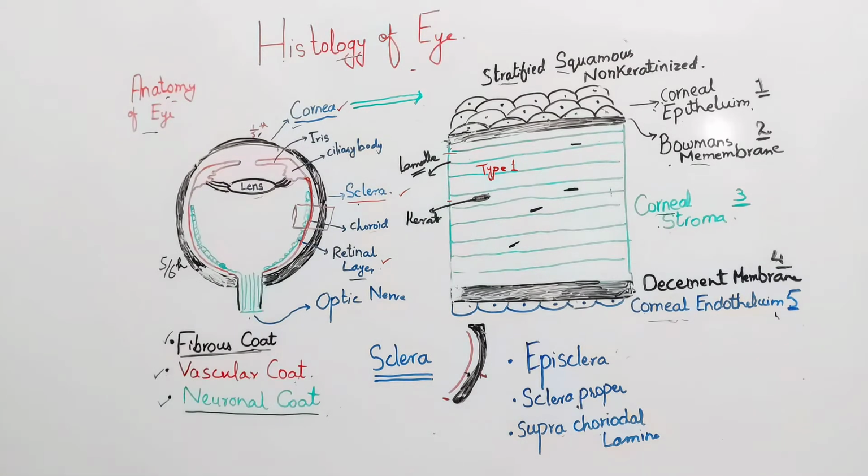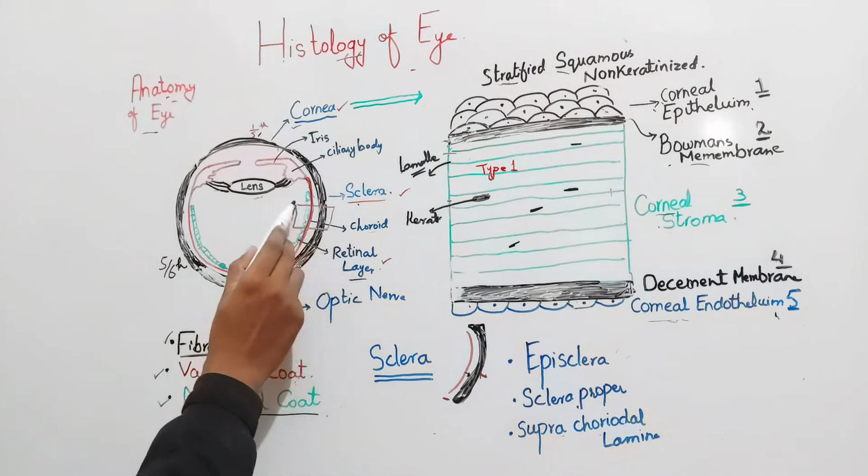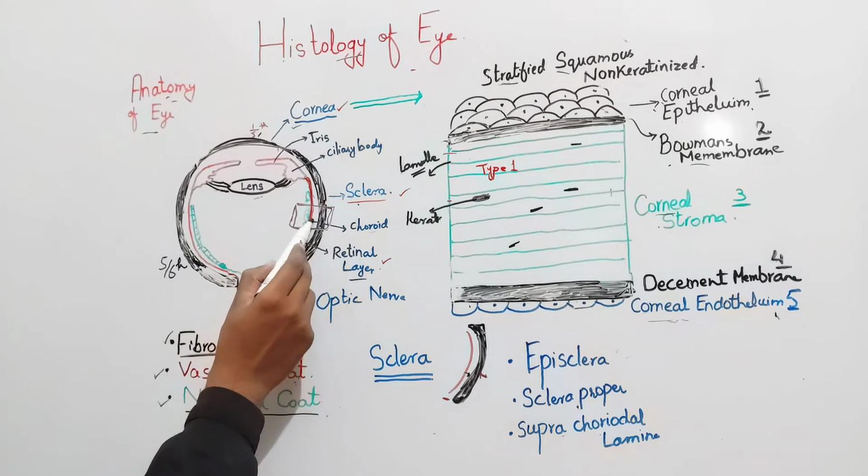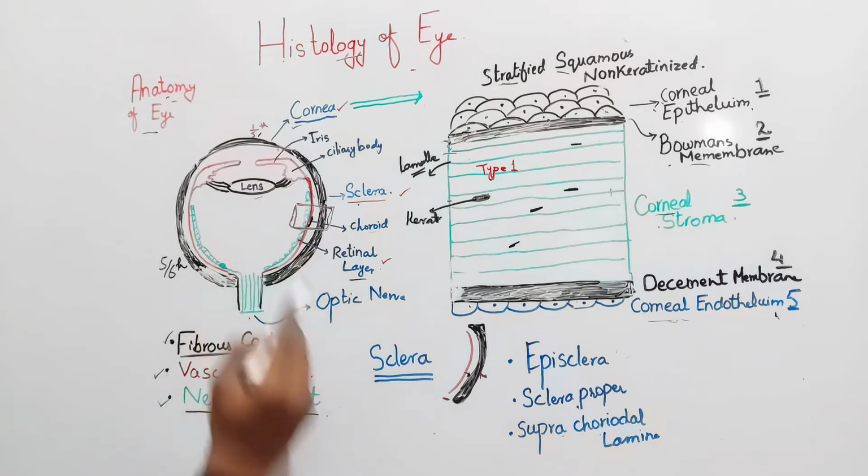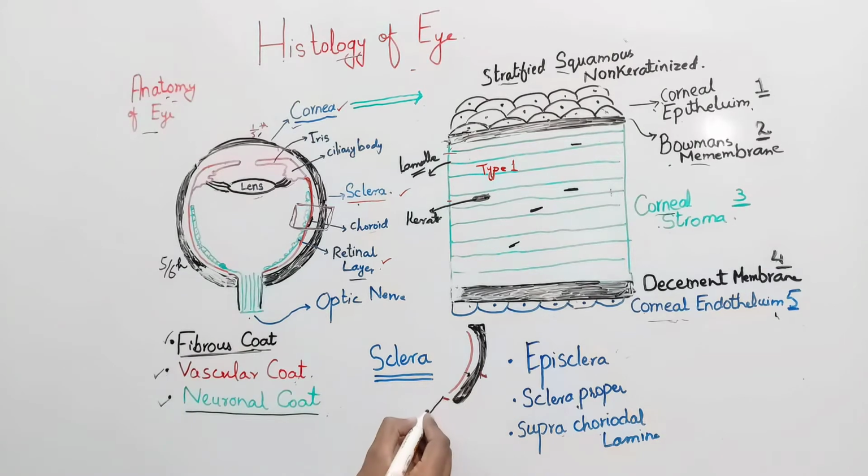The most important is the histology of the sclera. Here we have taken a cross section. Here is the sclera, then the red layer is the choroid. The sclera consists of three layers.